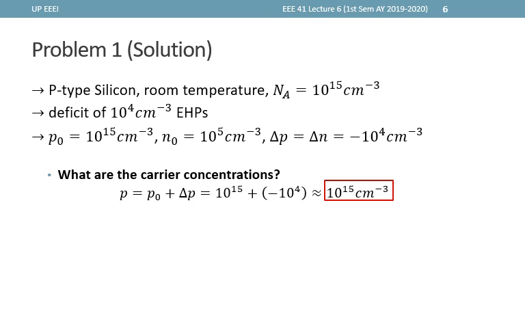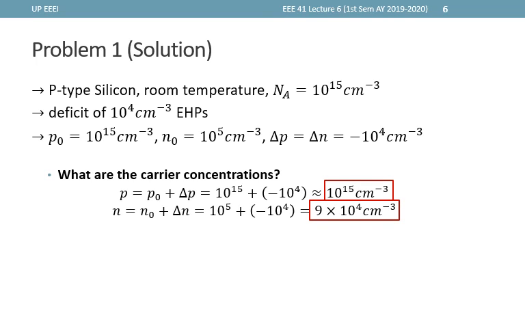So that would be 10 to the 15 plus negative 10 to the 4. But 10 to the 4 is much smaller compared to 10 to the 15, and therefore we'll just get p to be approximately 10 to the 15 per cubic centimeters.